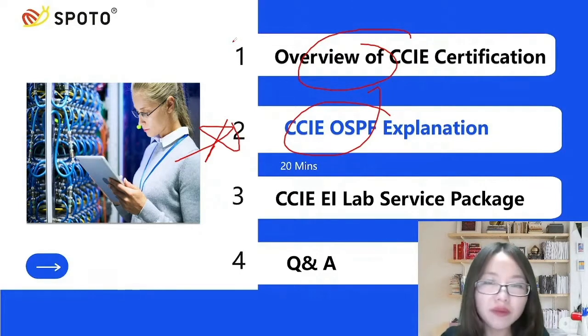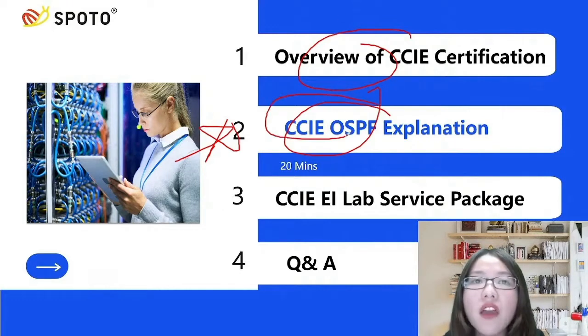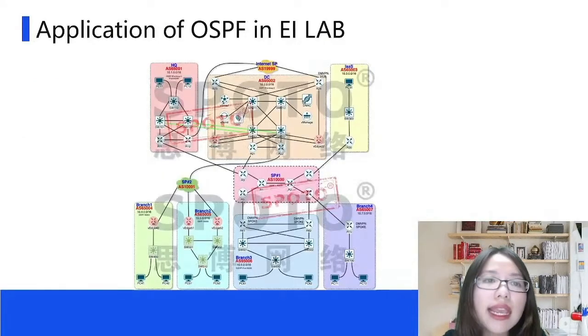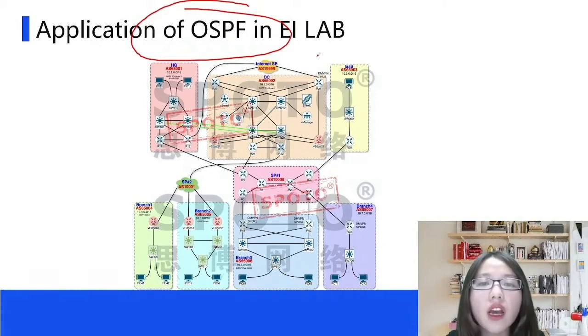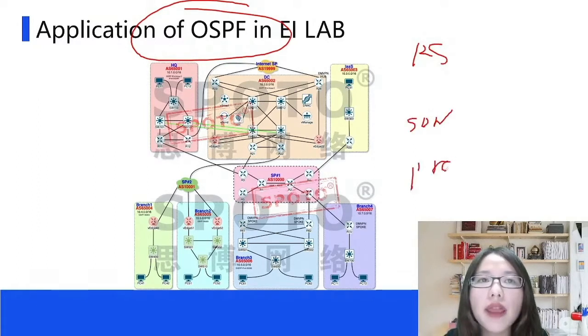Today we will introduce the application and principle of OSPF in the EI lab exam. This is the complete EI lab topology diagram, which is mainly configured from routing, switching, SDN, SD1 and programming.